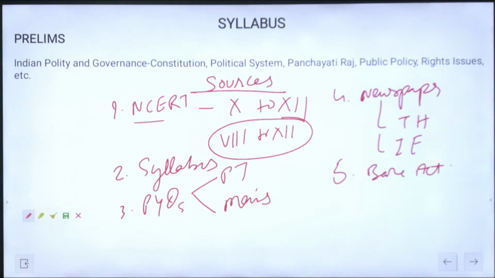Whenever you encounter any dispute or confusion, go through the Act. UPSC is going to validate only the Act, not any interpretations by any writers or teachers. Are you getting my point?